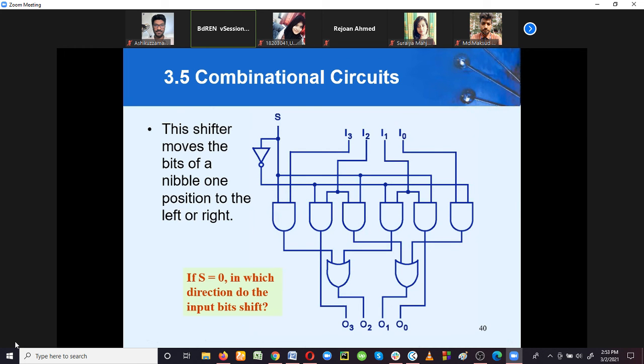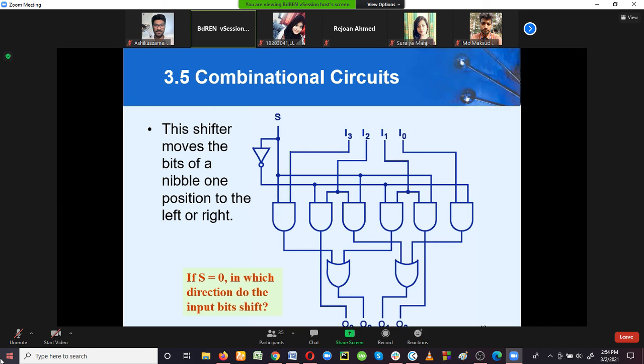Now, combinational circuit: the shifter moves the bits. Another combinational circuit we are reading is the shifter. Shift means that it will shift. We read shift left and shift right operations, did we not? So that will do this work.